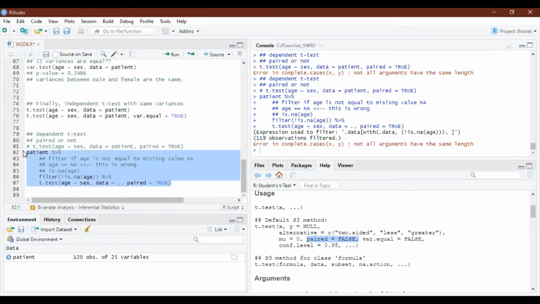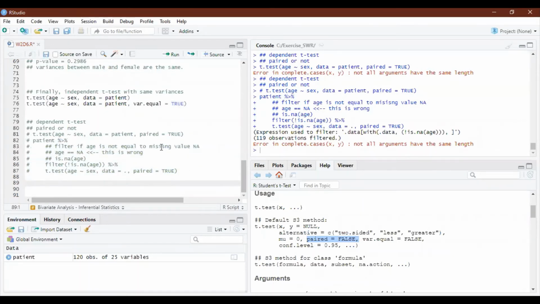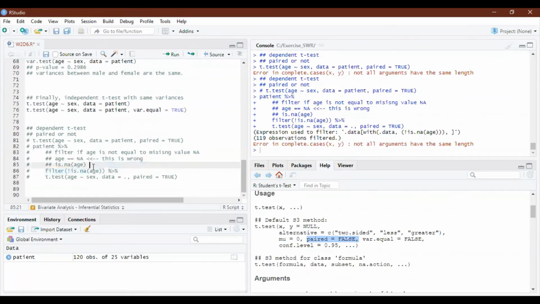So we need to change the example. Why don't we change this to married? I think we do not have any. Oh, okay, I got it. Because in age, there is also a missing value in sex, right?